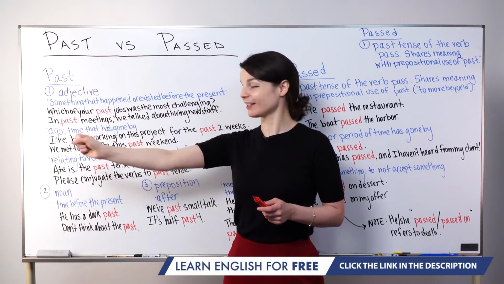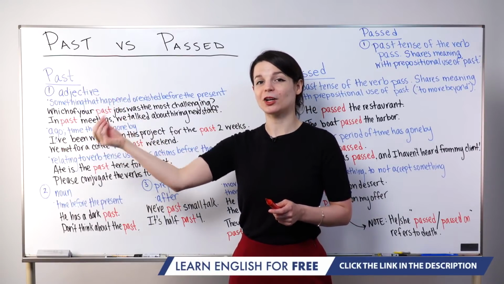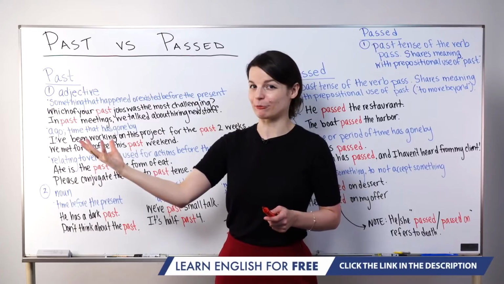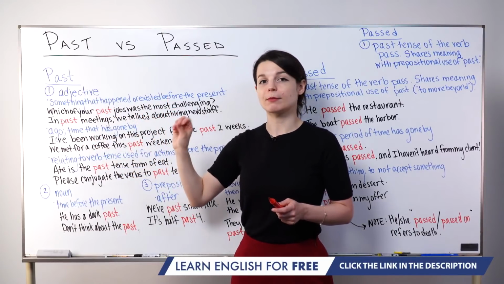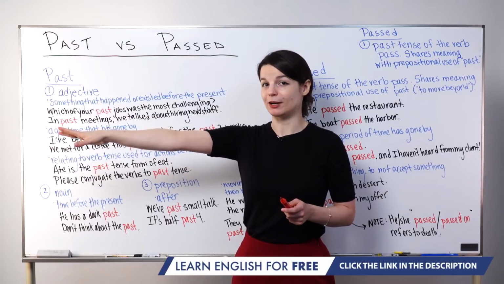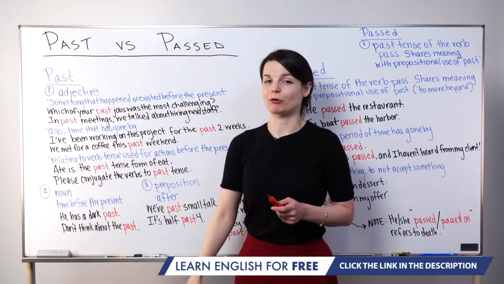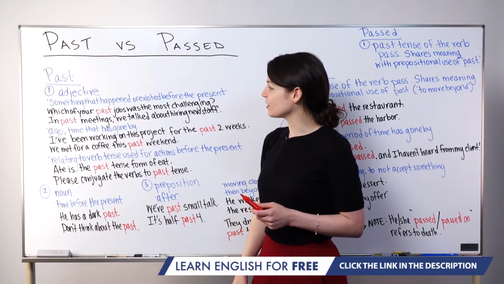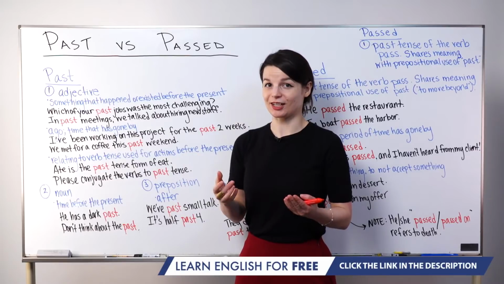In those meetings, plural, we talked about hiring new staff, getting new staff members. So past, in this way, refers to something that happened before now, or it can refer to something that existed before now.